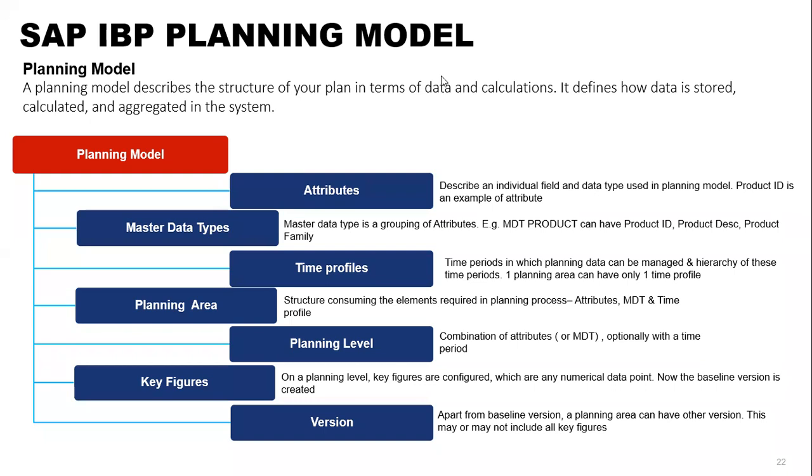If we have 15 key figures in one planning model, we can create different versions, where for reporting purposes one is created where we have the totals of the key figures, like total demand. We can have different combinations of key figures, right? Right, you're right.